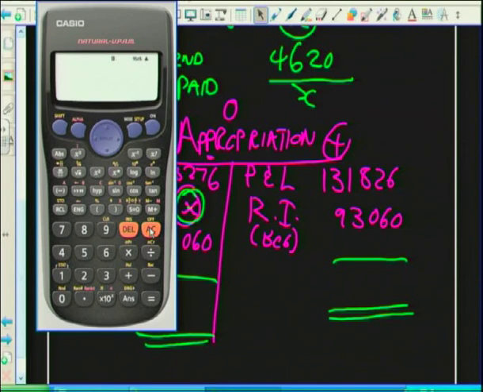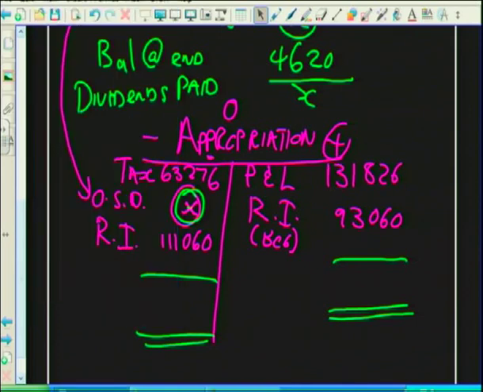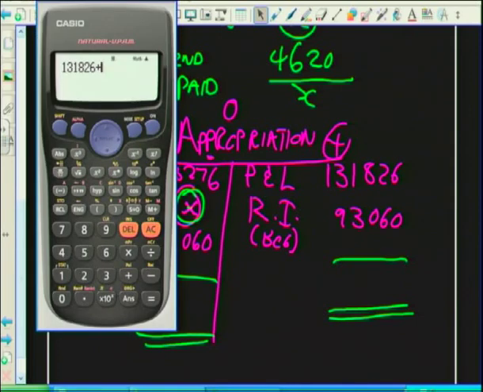Okay, so on the credit side, 131,826. I am adding 93,060. And then on the debit side, I am now subtracting my tax, 63,276.